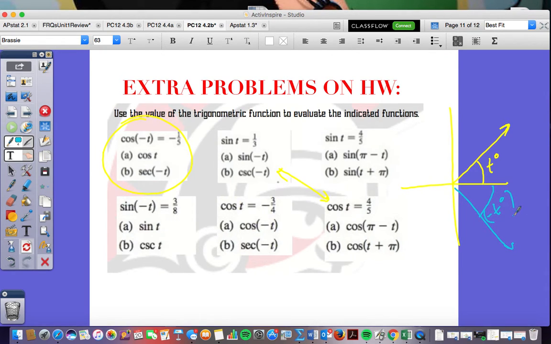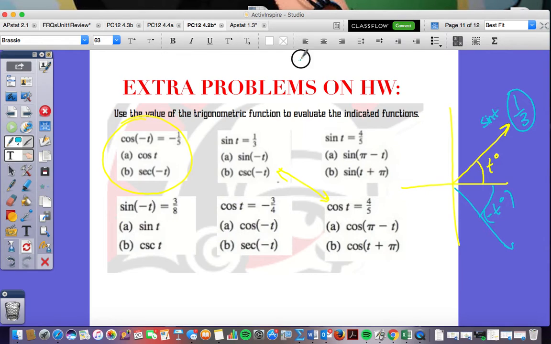Now, once I get there, I can identify that in the first quadrant, the sine of t is 1/3, right? And I like to put this up here. This is 1/3, related with sine of t. Perfect. When I go downward, would sine be positive or negative down here? Negative. Good. So that's how we say it's negative 1/3. And it also goes with our definition, right?